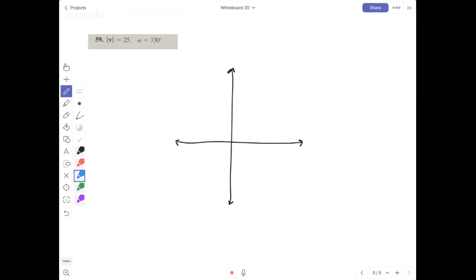So there's my vector v going off that way at a 330-degree angle.